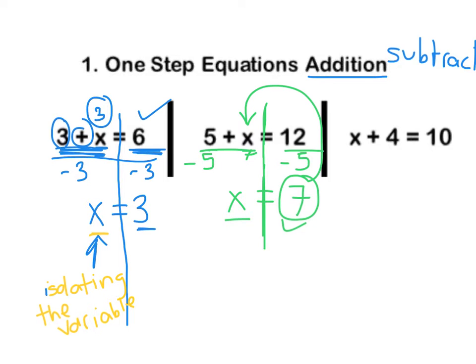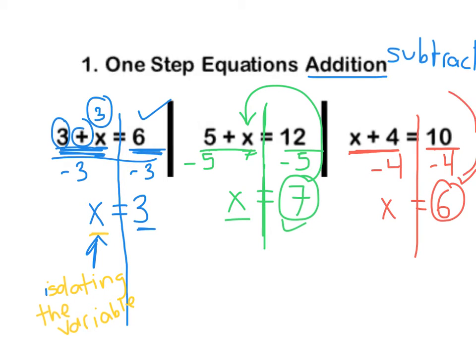Let's try one more over here. I have x plus 4 equals 10. I have to get x by itself. I subtract 4 from this side. I subtract 4 from this side. x equals 6.